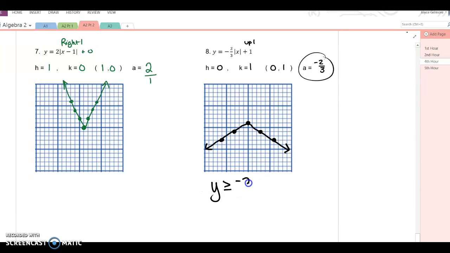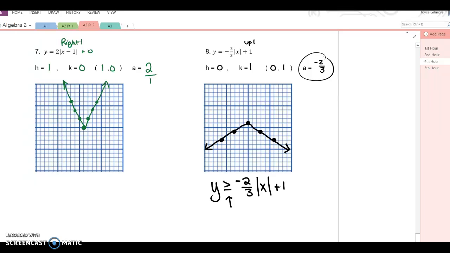Let's say it was this exact same function, but instead of an equal sign, we have a greater than or equal to sign. So think about, should that boundary line, that V, be a solid line or a dashed line? In this case, it would be a solid line. And then greater than, should we shade up or should we shade down?